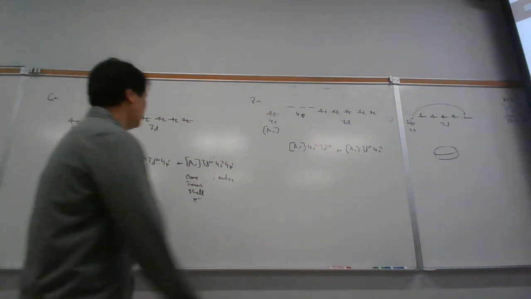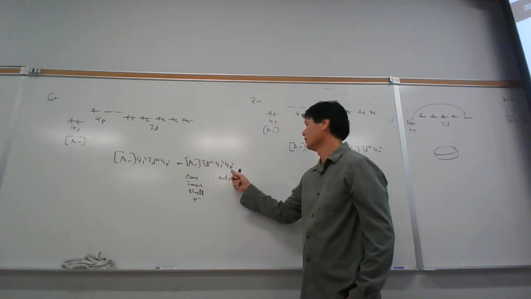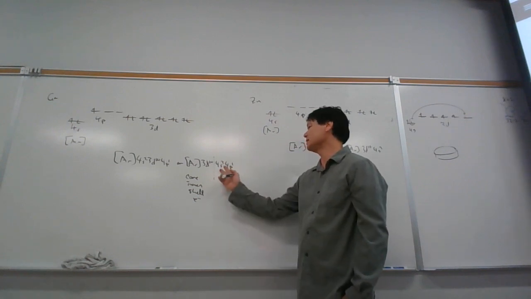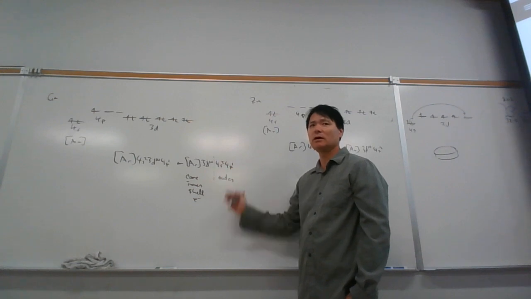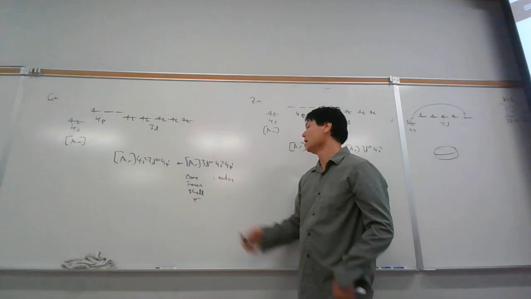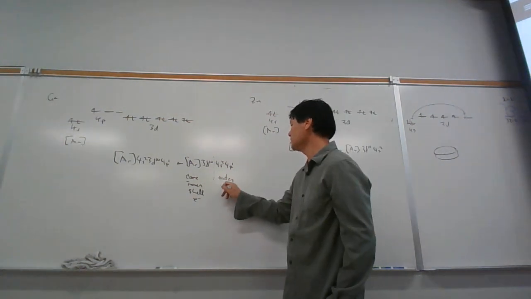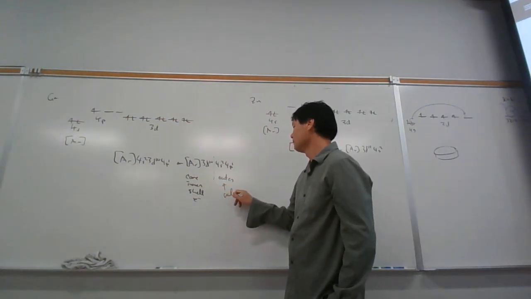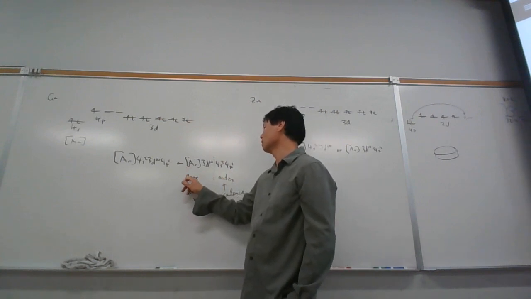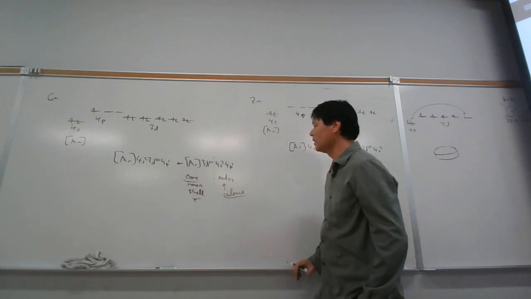Probably +1 or +3. In fact, it's easy to take all three of these. So the common charge for gallium is +3 as it takes these. These outer ones are called the valence. So this has 3 valence electrons, and the inner ones are called core. So we have core and valence.